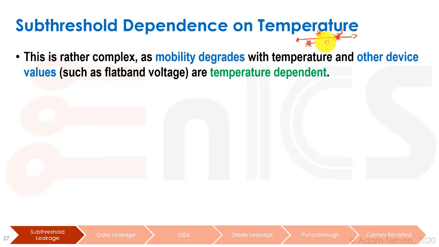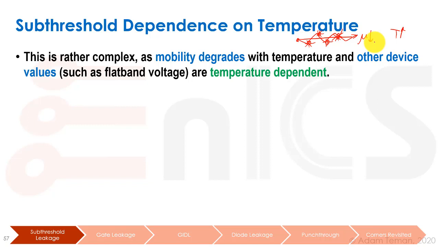So the more they move, the more probability that this electron is going to hit them and take a longer time to go across the channel, and that is a degradation of the mobility. So as temperature goes up, mobility goes down, right? But mobility isn't that important to us when we talk about leakage, because anyway the electrons aren't going very fast and so forth.